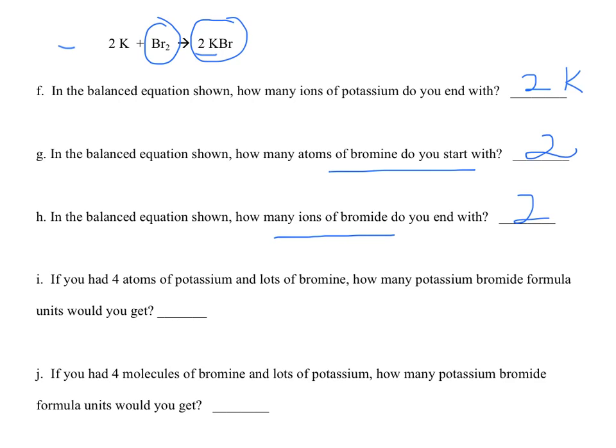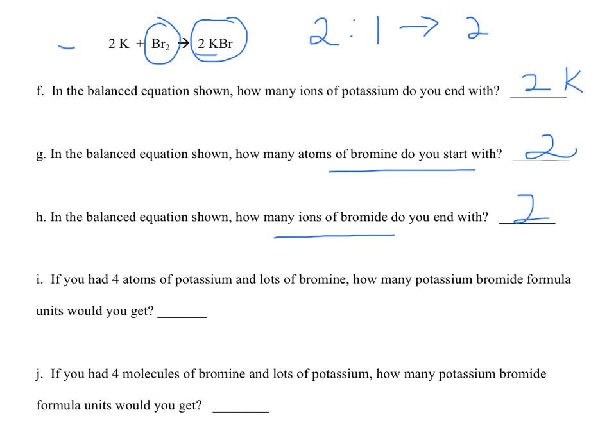Then it says, if you had 4 atoms of potassium and lots of bromine, how many potassium bromide formula units would you get? Well, if we look at this, we can see there's a ratio. We're going to start out with 2 potassiums, 1 bromine molecule, to 2 KBr.